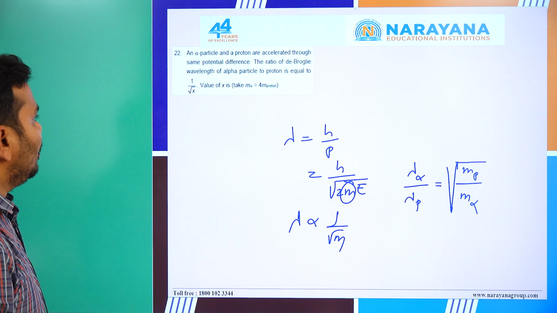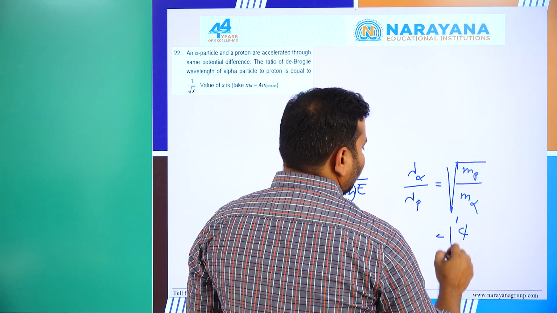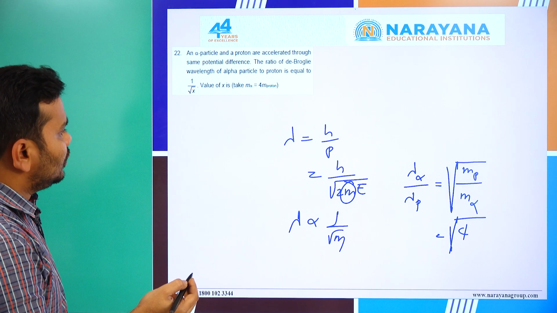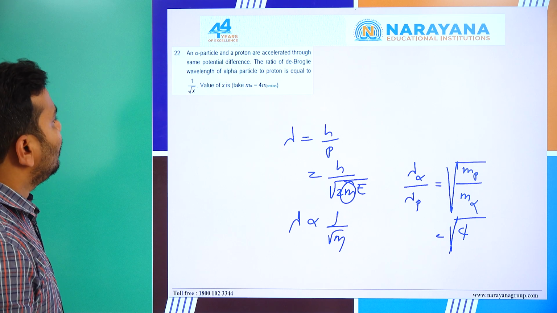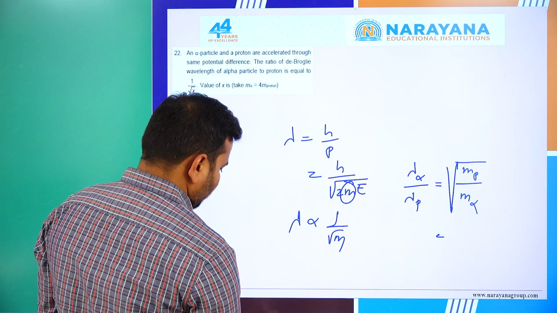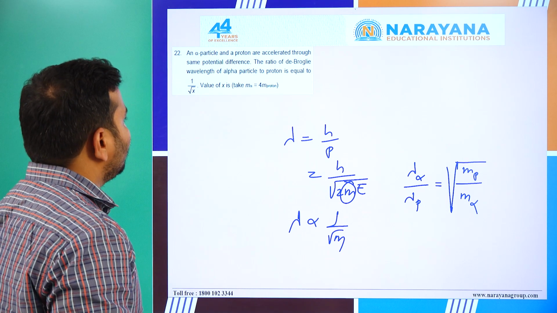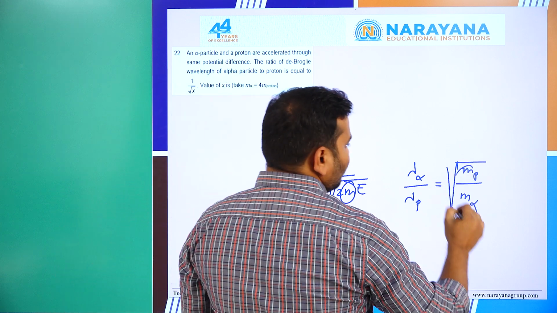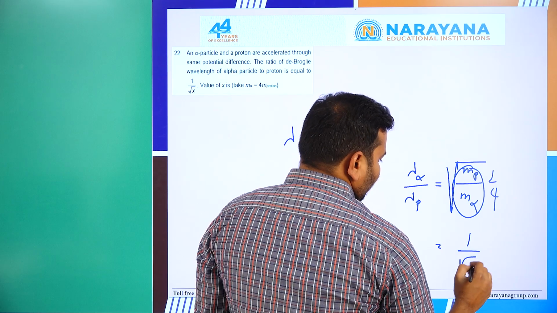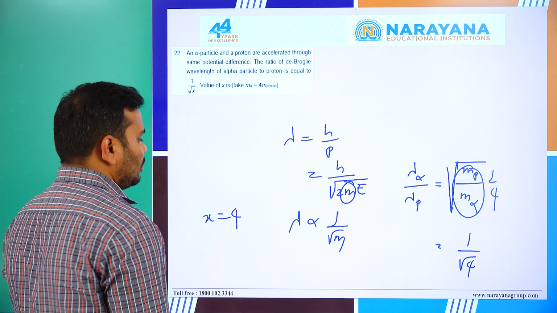So they have given the ratio as 1 by root x, and we need to find x. Mass of the proton divided by mass of the alpha particle you will get as 1 by 4, and they have given 1 by root x. So in place of x we have 4, therefore x is equal to 4, fine.